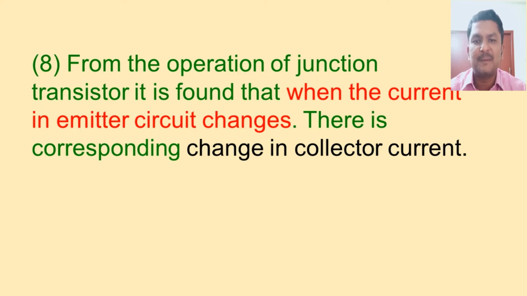Those are swept by the terminals of the battery. So if there is a change in the emitter current, there is a change in collector current also. And you know that IE equals IB plus IC. Only 5% of the majority charge carriers neutralize in base region. The remaining about 95% charge carriers shift to the collector junction.